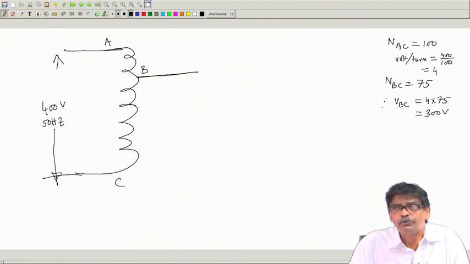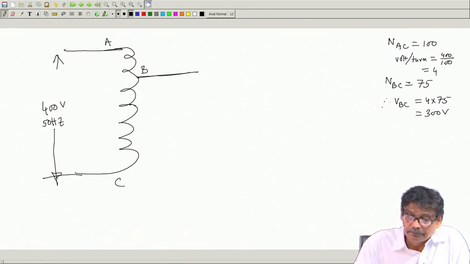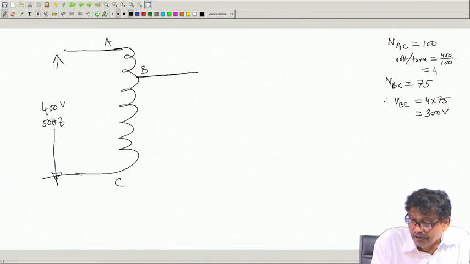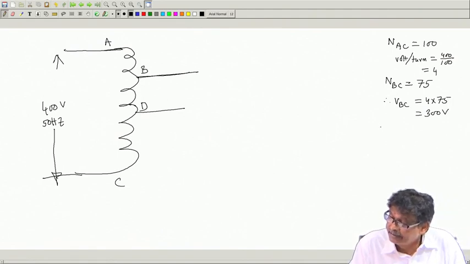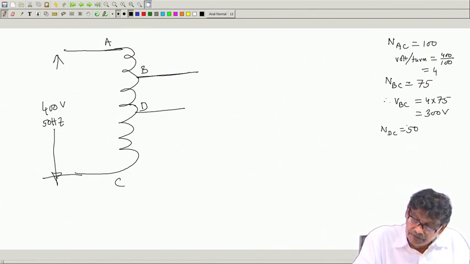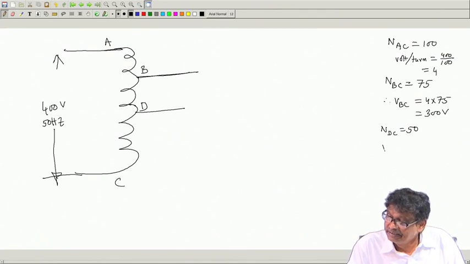And suppose I have two loads, one requires 300 volt supply, another requires 200 volt supply. So, from the same auto transformer, suppose you have another tapping, say at point D, such that N DC is 50. Then V DC will be equal to 50 into 4, equal to 200 volt.